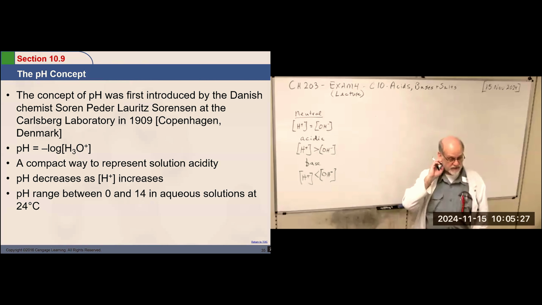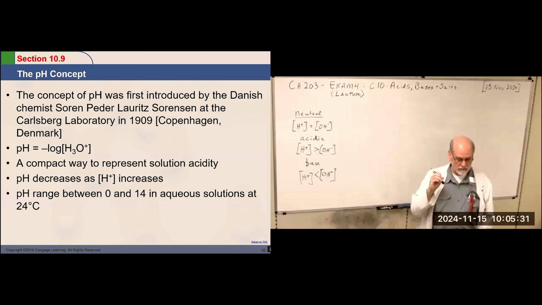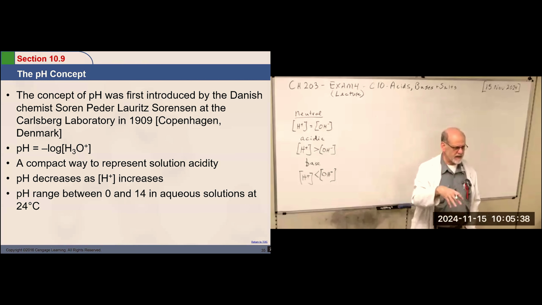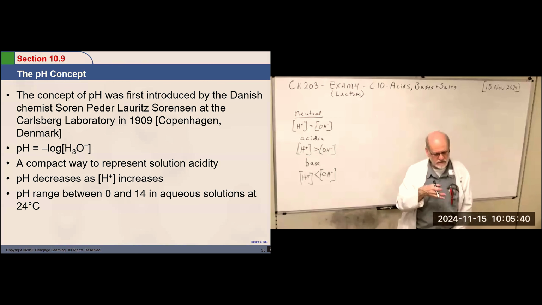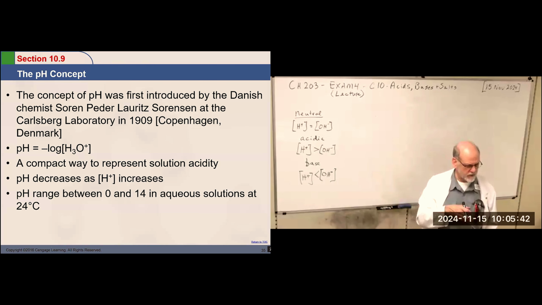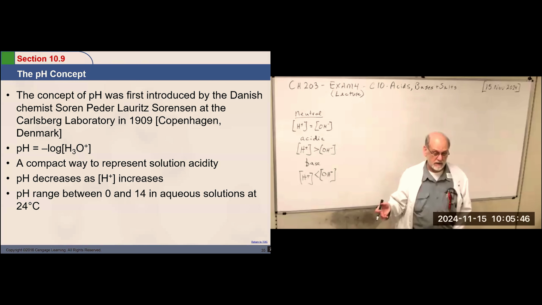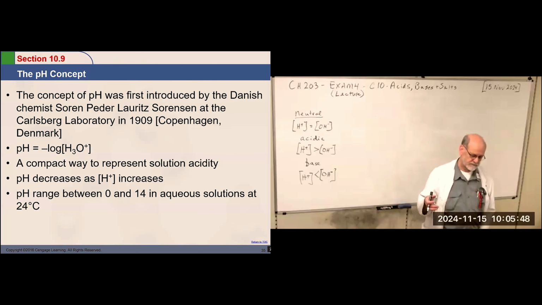Well, not too long after Bronsted and Lowry proposed their definitions, Sorensen was working with solutions of certain hydrogen ion concentration, hydroxyl ion concentration, and it was very cumbersome for low concentrations to simply use scientific notation for those values.